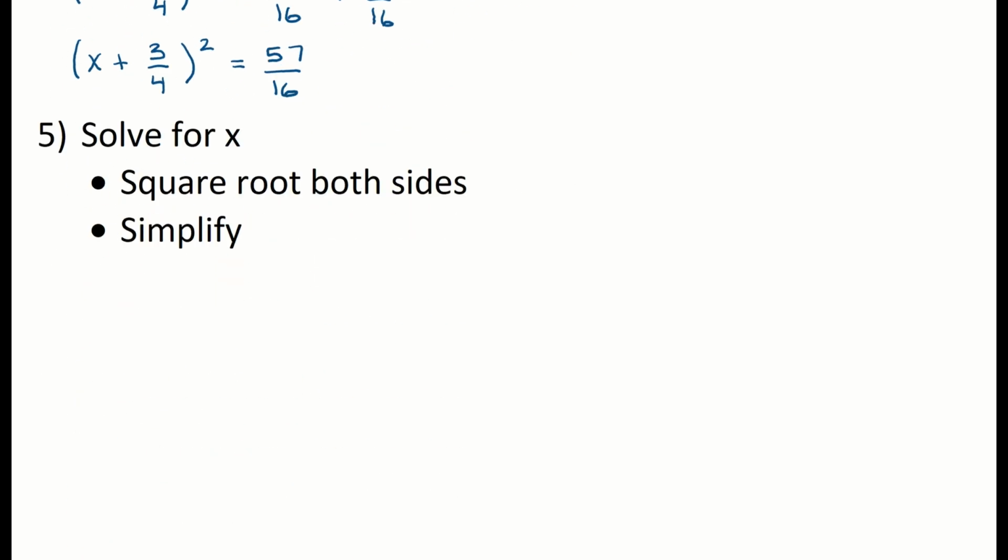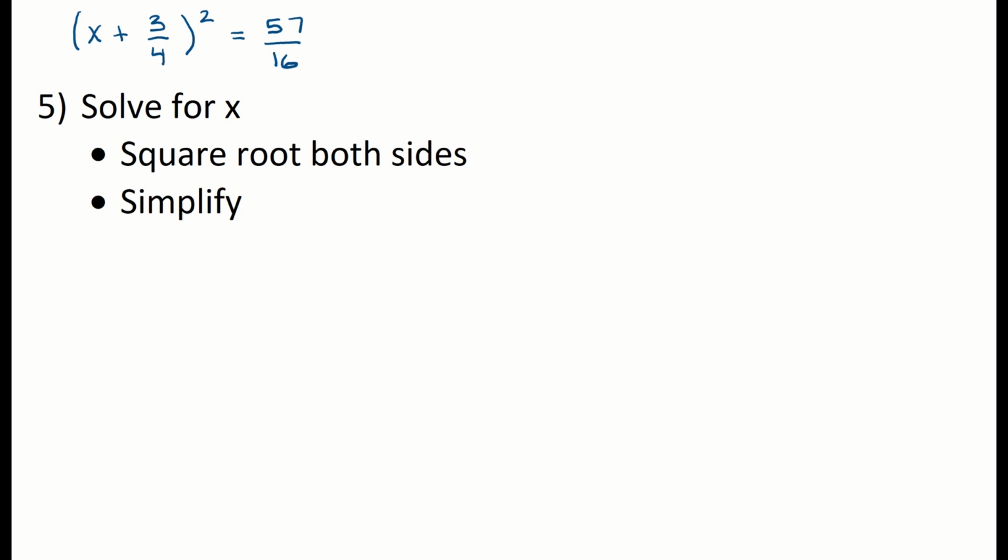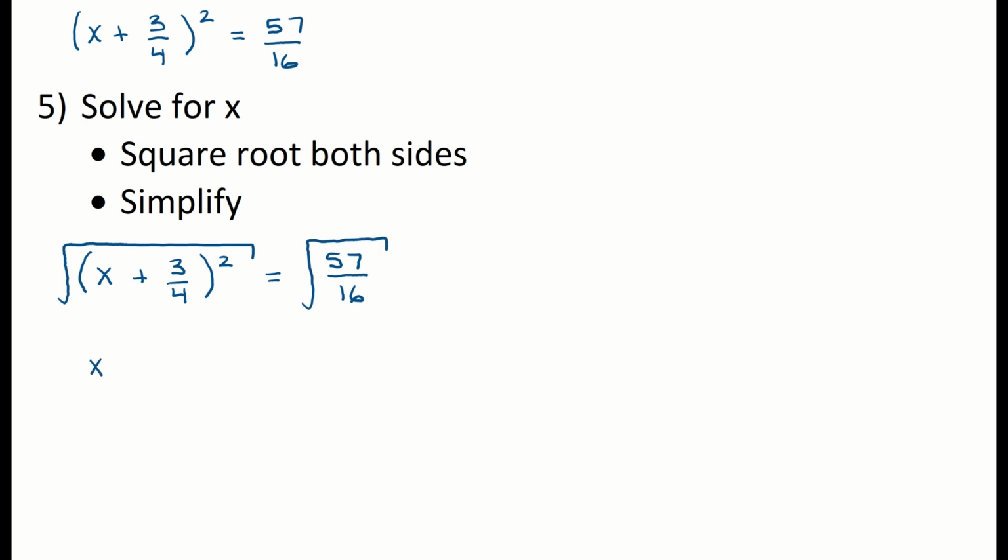And then finally, I need to solve for x. So right now, we have x plus 3 over 4 squared is equal to 57 over 16. We're going to square root both sides, which will turn this into x plus 3 over 4 is equal to both positive and negative square root of 57 over 16.